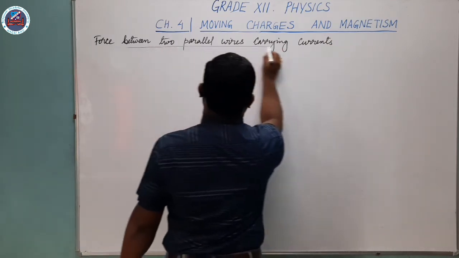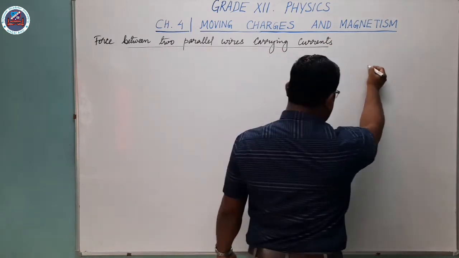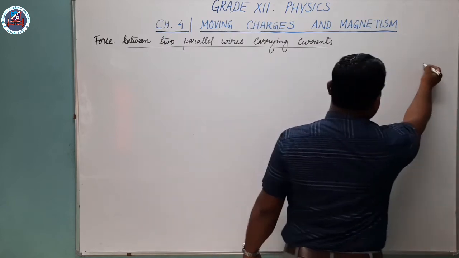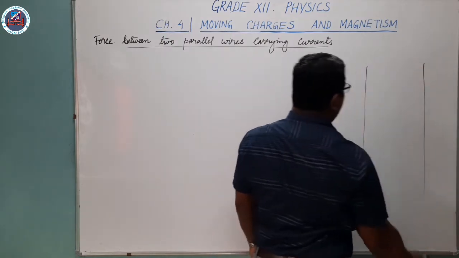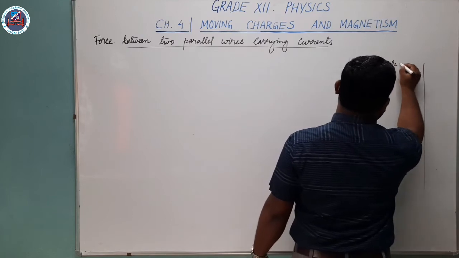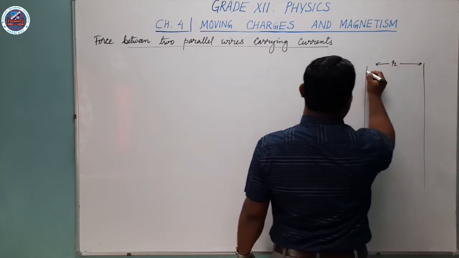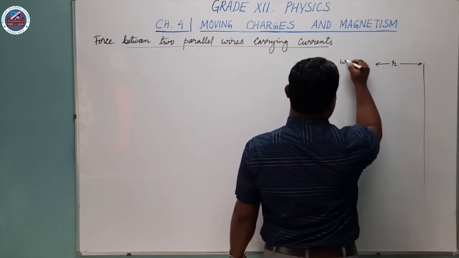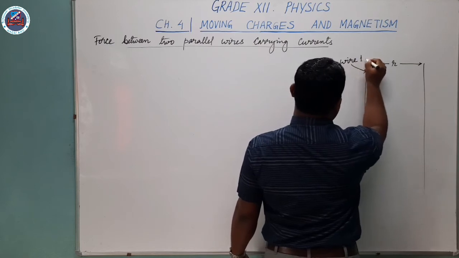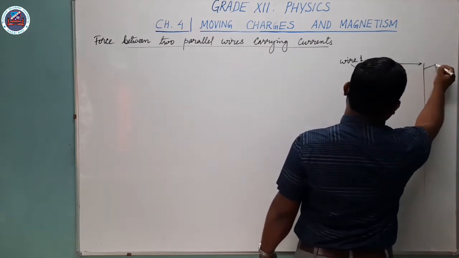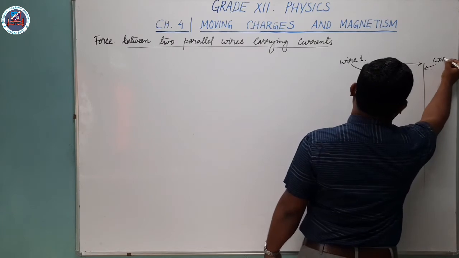Now in this case, we'll take two infinitely long parallel wires like this, separated at a distance r from each other. Let us mark this wire 1, and this is wire 2, the second wire.